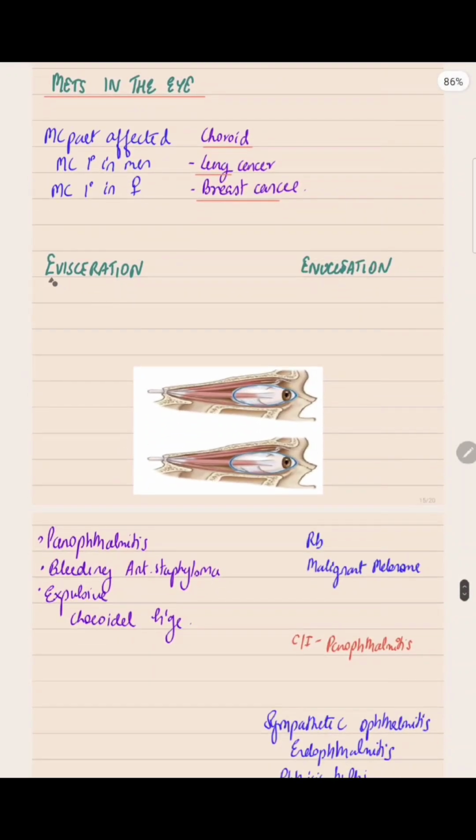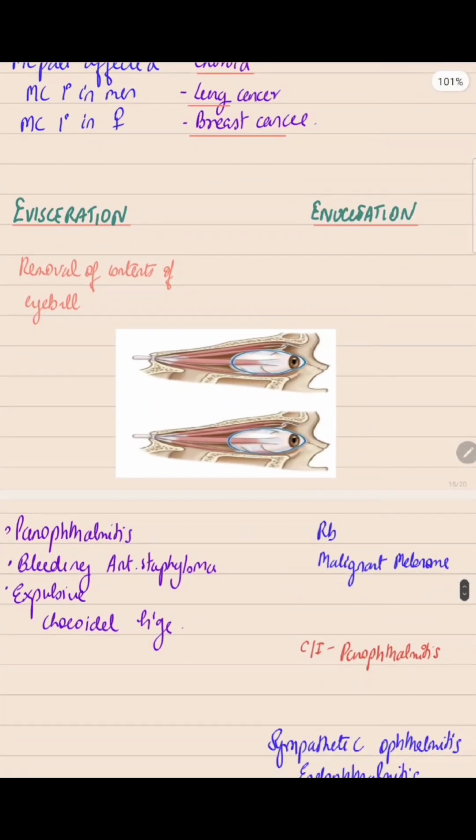Now coming to evisceration and enucleation. Evisceration is removal of the contents of the eyeball, the two inner coats, leaving the sclera behind.